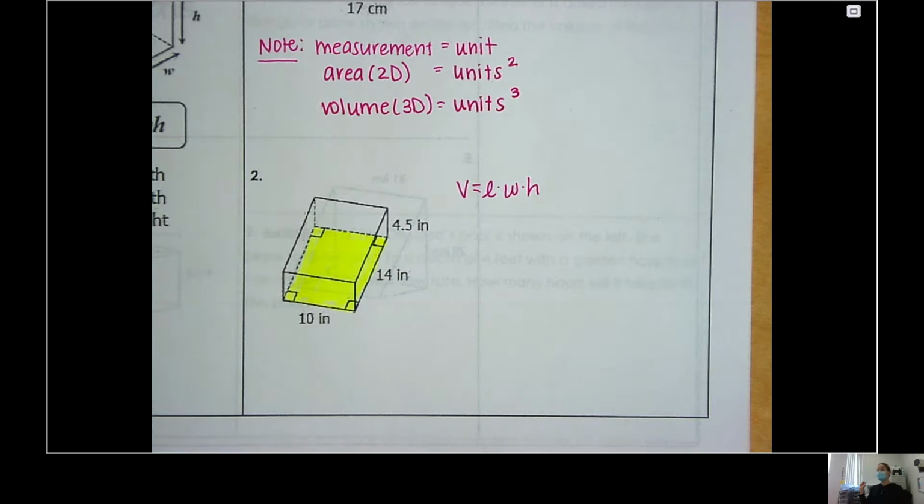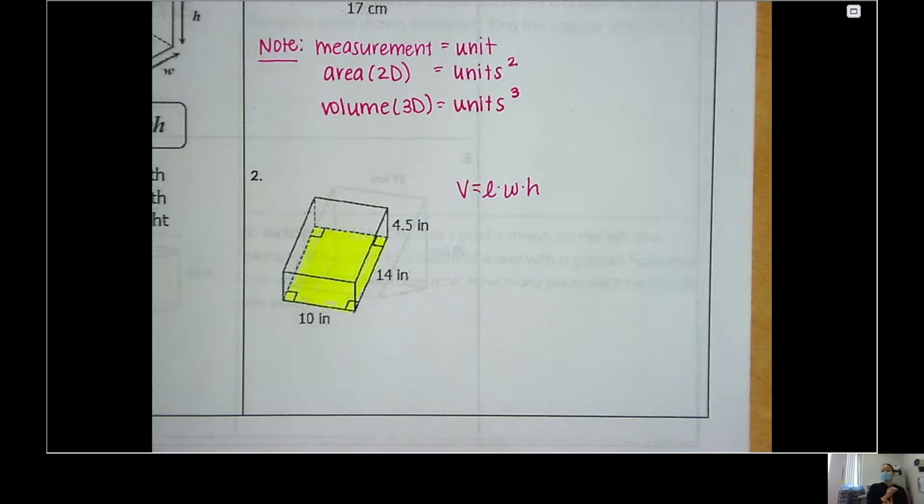Anyone get anything different? Okay, so what was your length of your prism? What number did you put for your length? Anybody? It was the first number you multiplied. Trey? 14. What'd you put for your width? 10.